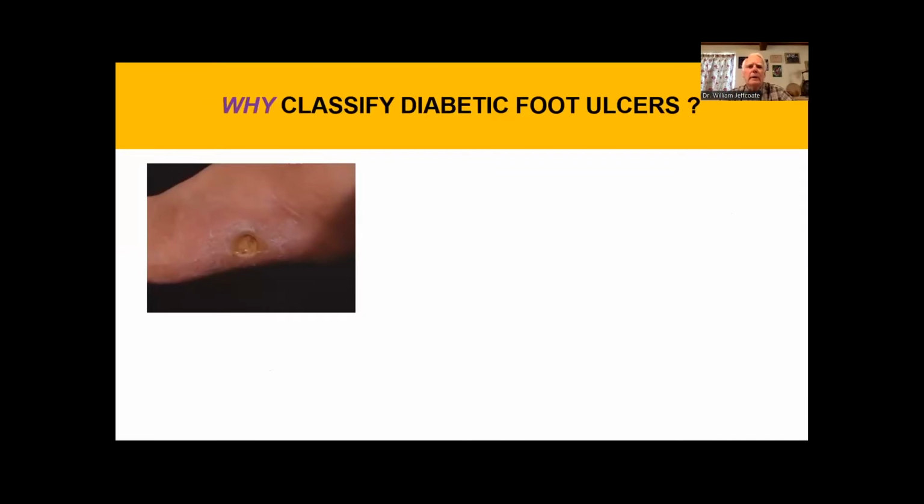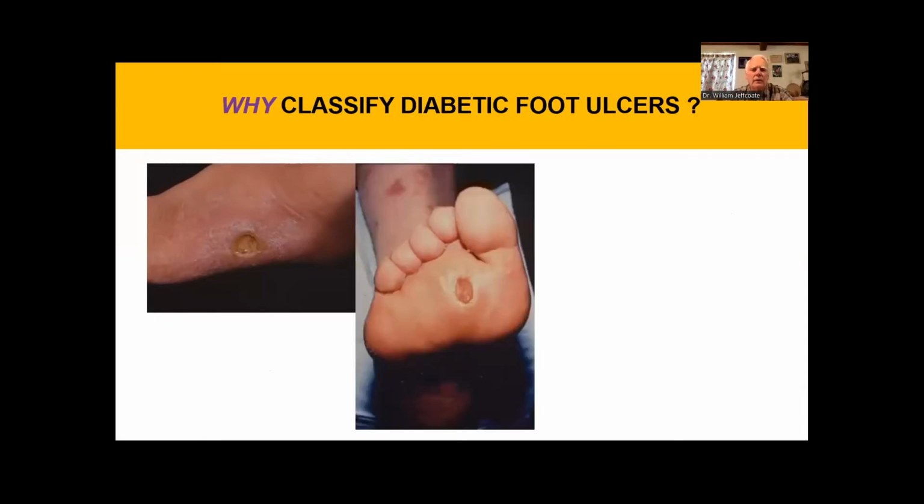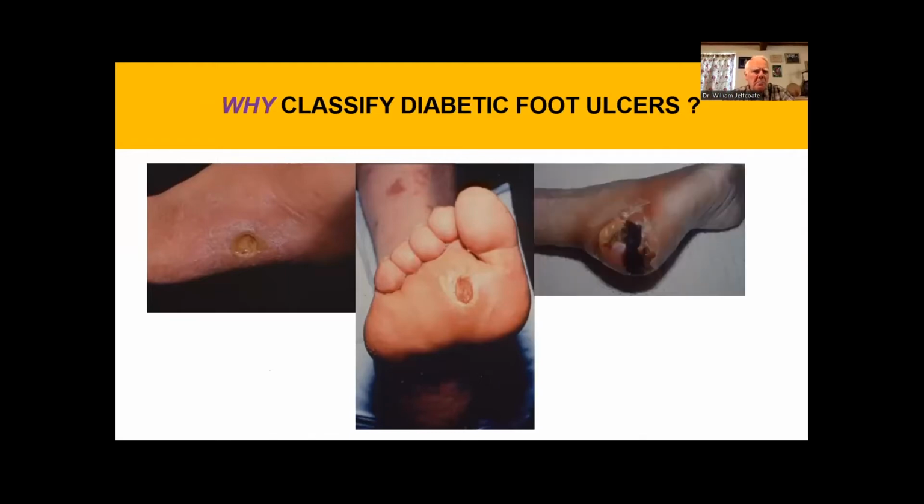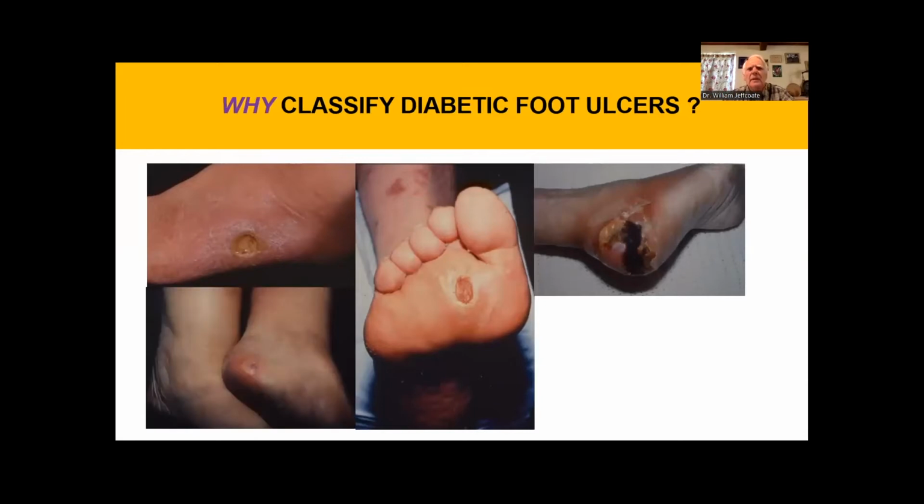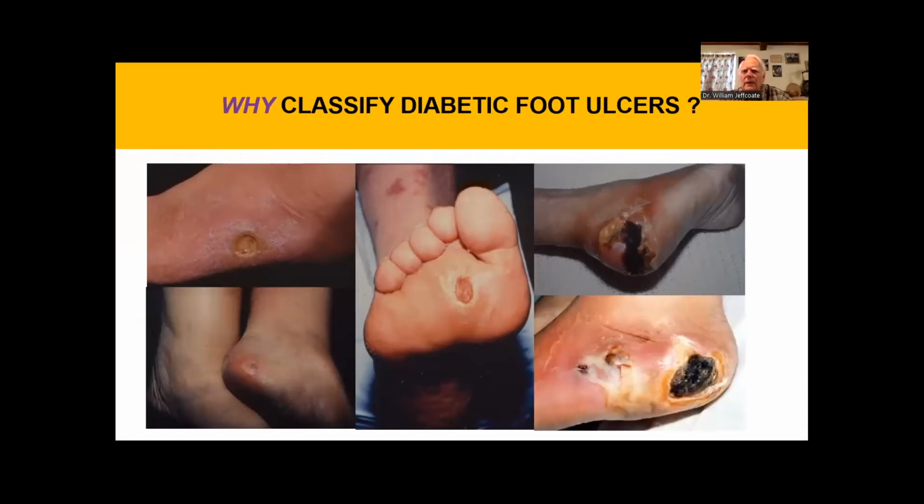And so why should we classify foot ulcers? You might get an ulcer which looks like that, and if you're experienced in the field, you would describe this one perhaps as looking as if it might be a bit infected. There's a bit of redness there. Whereas this one here looks like a straightforward neuropathic foot ulcer. It doesn't look infected. But then you would see these two over on the right here. You might think, well, obviously the bottom one, they've had a pressure sore on their heel, and that looks as though it's infected with spreading soft tissue infection, and either that one or that one might have osteomyelitis.